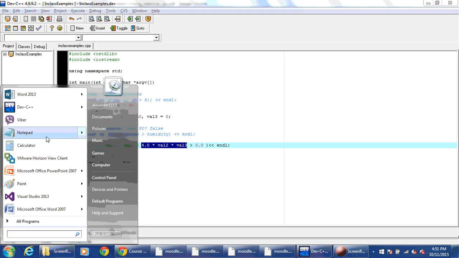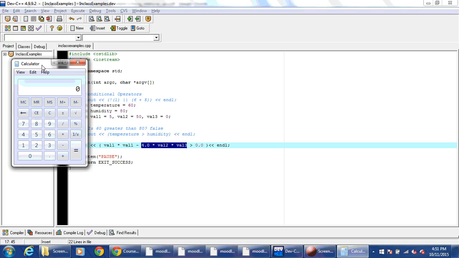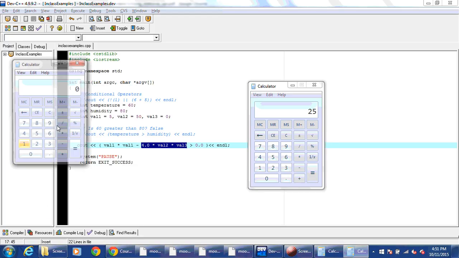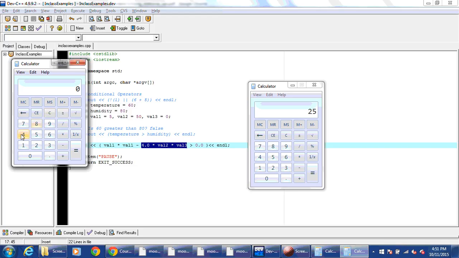So if we do this in a calculator so that we see what the order of operations are, we first start with val1 times val1, right? So it's 5 times 5 is going to give you 25. And then you're going to do 4 times 5 times 0.